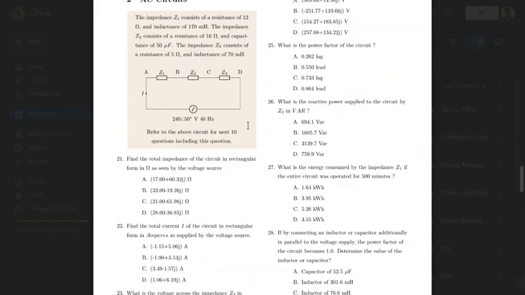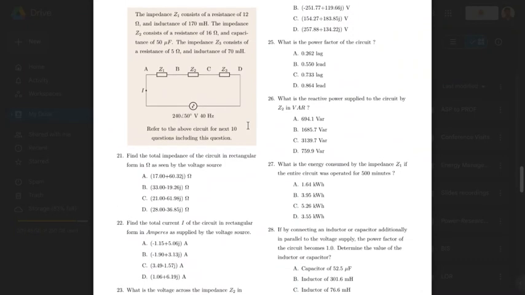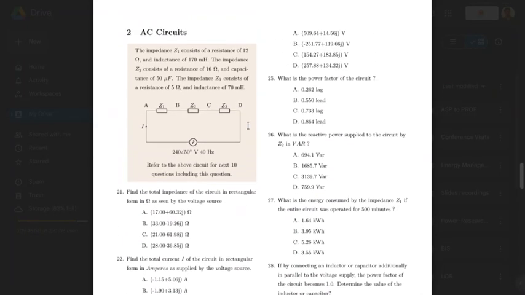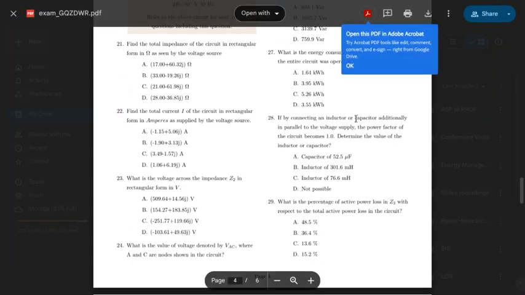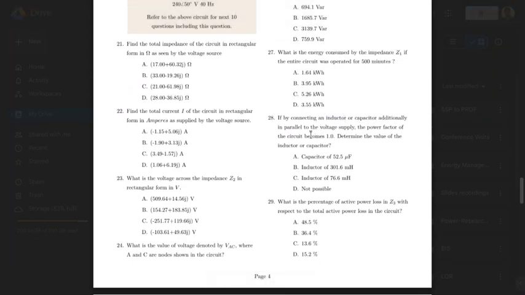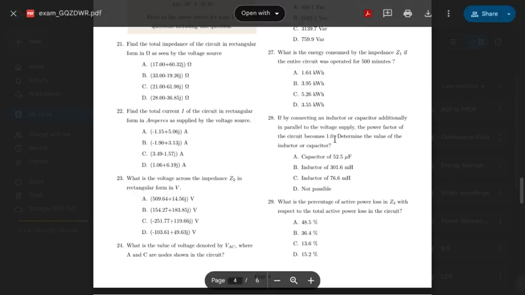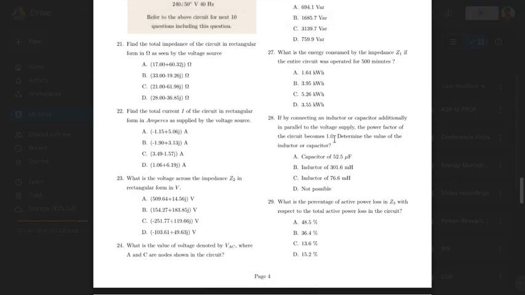So it's very general, so please go through it. Here the question is: connecting an inductor and capacitor additionally in parallel to a voltage source, the power factor becomes one. Determine the value. I will not solve exactly this problem, but something similar.